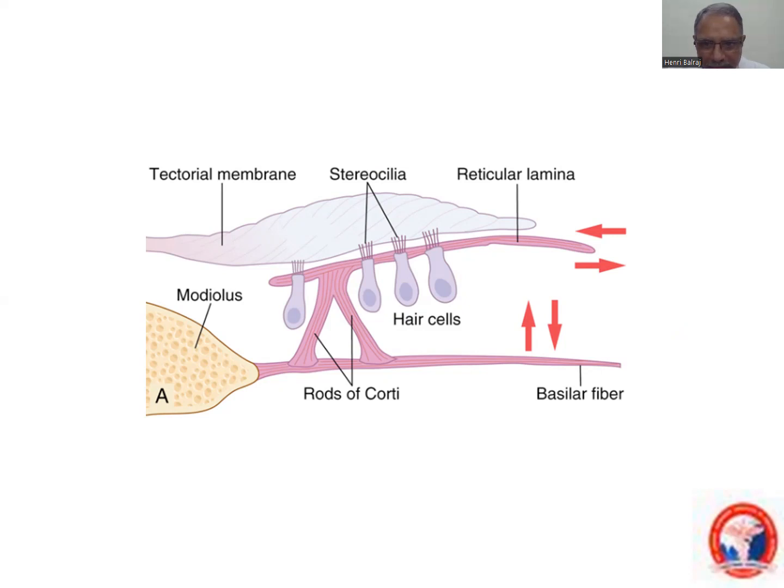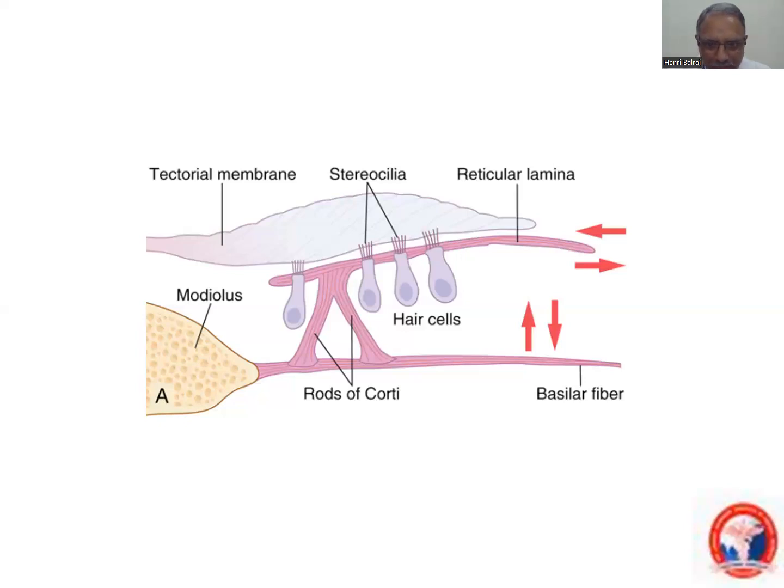This basilar membrane, it's worth mentioning, moves up and down thanks to the displacement caused by the footplate of the stapes in the perilymph, which is connected to the endolymph, and the endolymph causes the up and down displacement. Here, the reticular lamina moves side to side and causes this displacement.